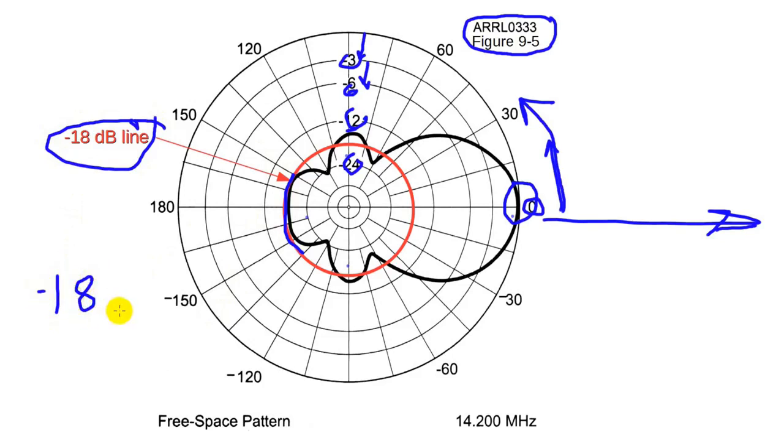By the way, that's a front to back ratio of 18 dB, which is actually pretty good. A normal HF Yagi might eke out 10 dB. Anyway, the side lobes are between 12 and 24 dB down. It's halfway between -12 dB and -18 dB, and the book says to pick 14 dB, which, as a rough estimate, is good enough.